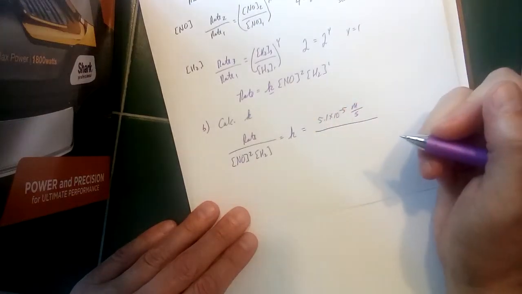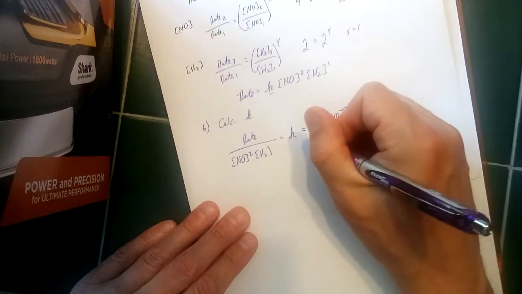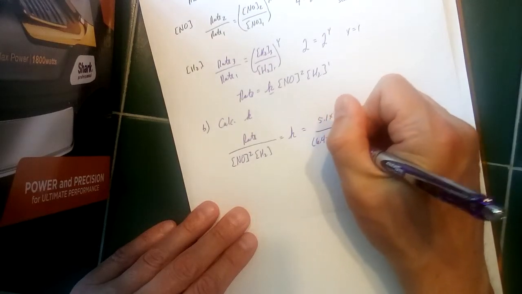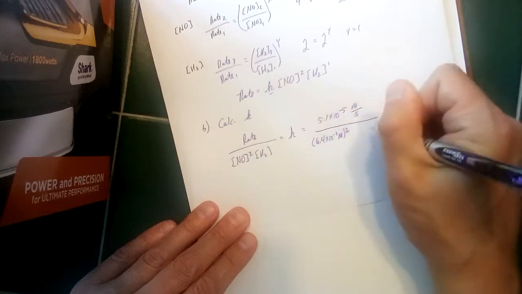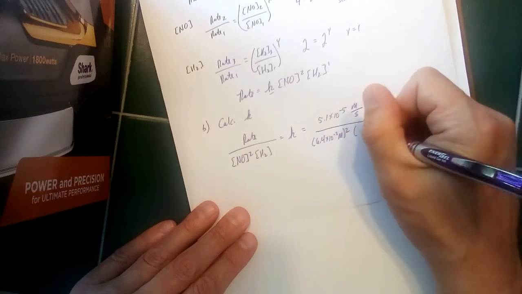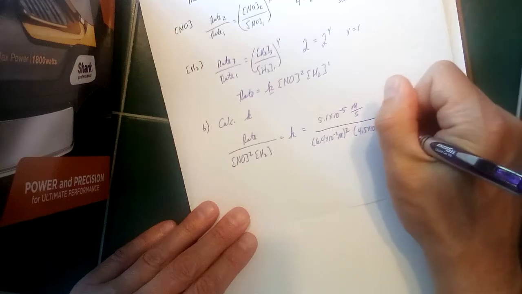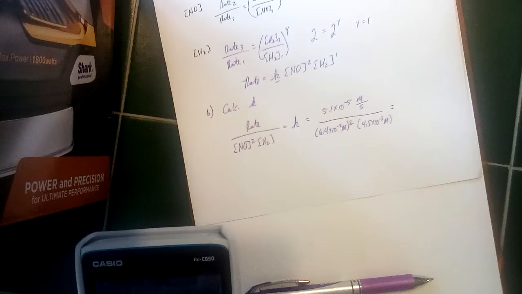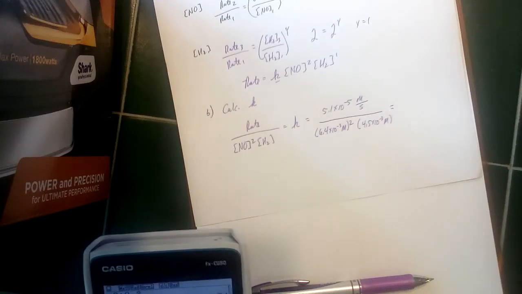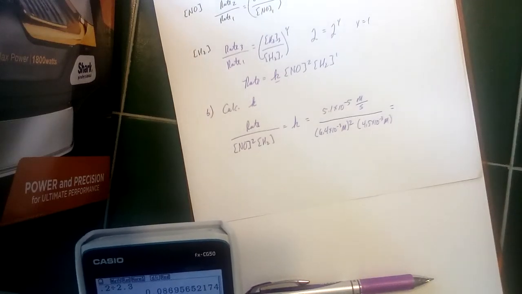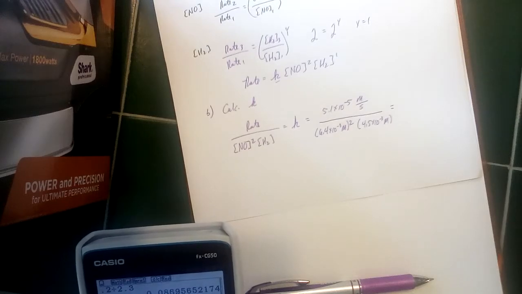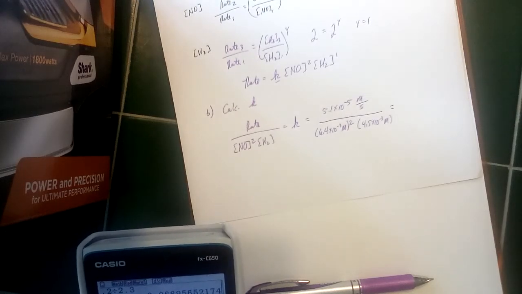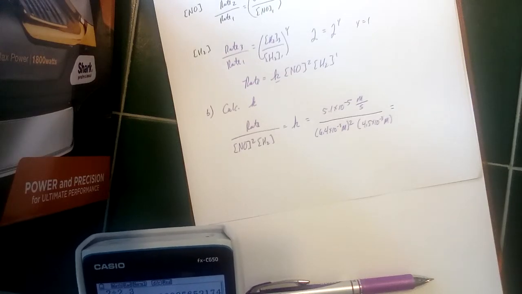Concentrations here on the bottom would be in molarity units. So 6.4 times 10 to the minus 3rd, that's molar, and that's going to be squared. And 4.5 times 10 to the minus 3rd, that's also molar. Now if I multiply all this out, 5.1 times 10 to the minus 5th divided by 6.4 times 10 to the minus 3rd divided by 6.4 times 10 to the minus 3rd divided by 4.5 times 10 to the minus 3rd.